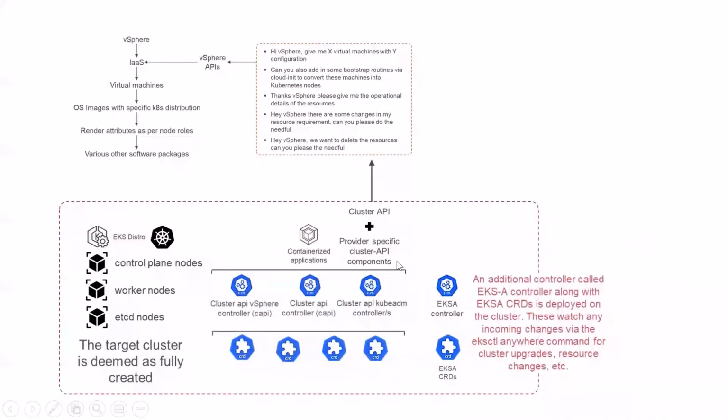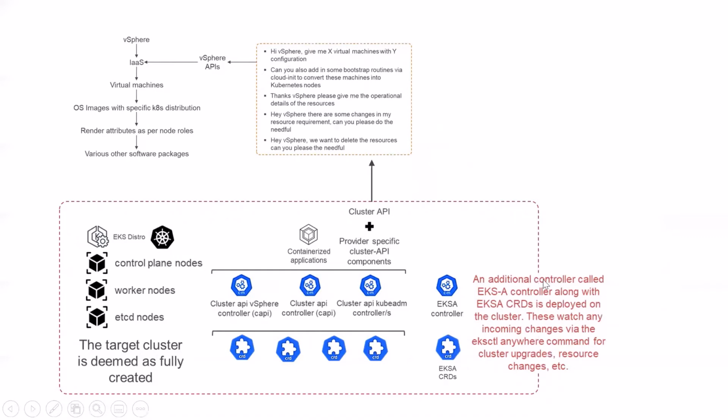So now you can see that this particular cluster now has these controllers and CRDs and whatnot for this cluster itself, because these CRDs have the resource requirement or the resource definition of the cluster itself. And they are all running in a namespace within this cluster.